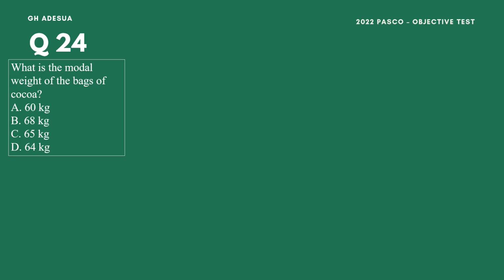So from this, as I mentioned earlier from the first slide where the table was, we realize that the weight that appears 4 times is 64 kg.